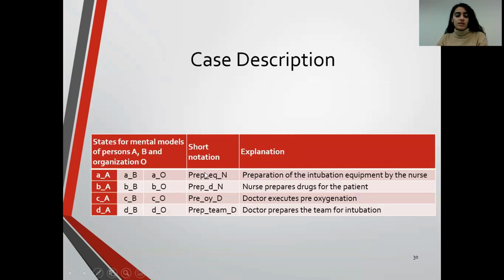The first task is preparation of intubation equipment. The other one is preparation of drugs, then execution of pre-oxygenation, and the last task is preparation of the team for intubation. These first 2 tasks are mainly held by the nurse, and the last 2 are mainly held by the doctor.